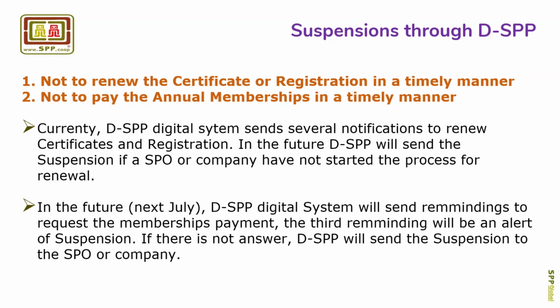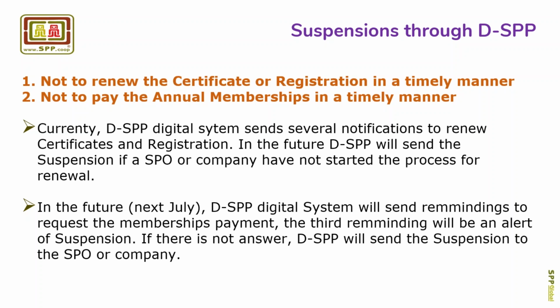Then it means that in two cases, the SPP digital system will send the suspension. The first one is when a small producer organization or company have not started the process for renewal.